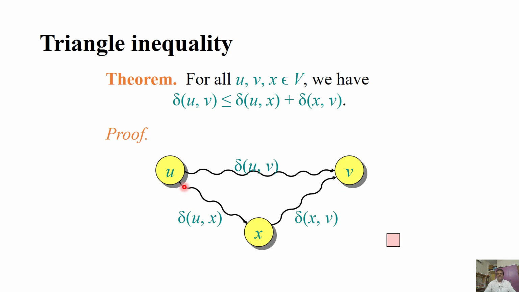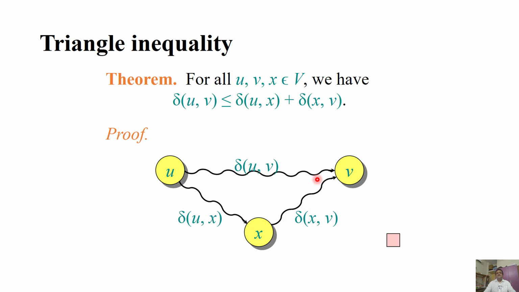Okay. Now, let us consider this path. We take the shortest path from u to x, and then from x to v we take this shortest path. So, this is a path from u to v, and the weight of this path is delta of u x plus delta of x v.